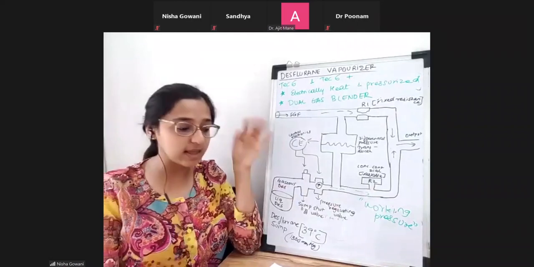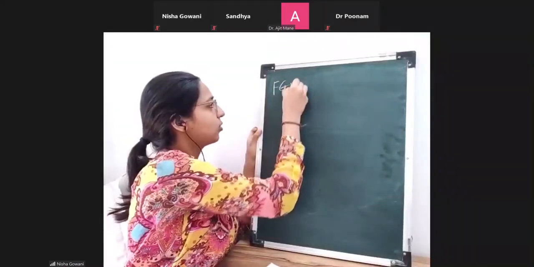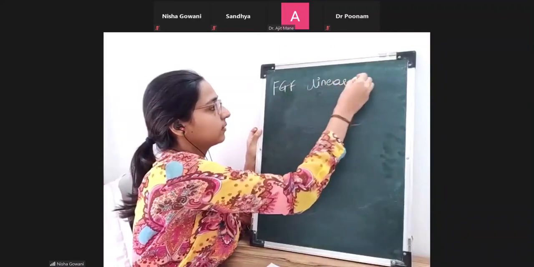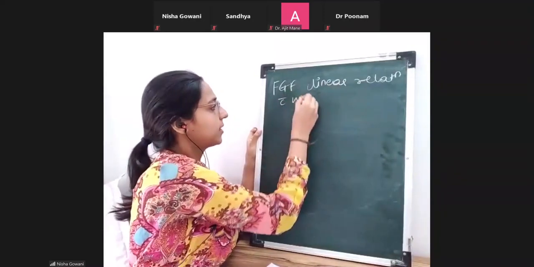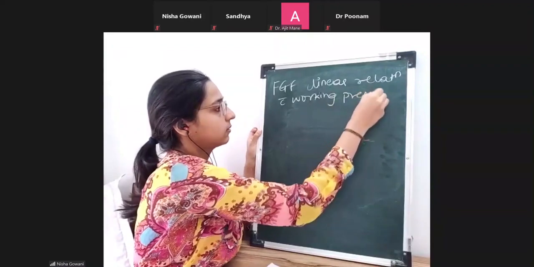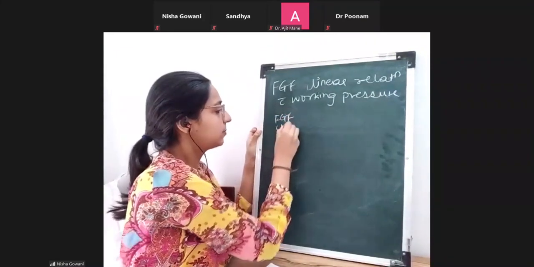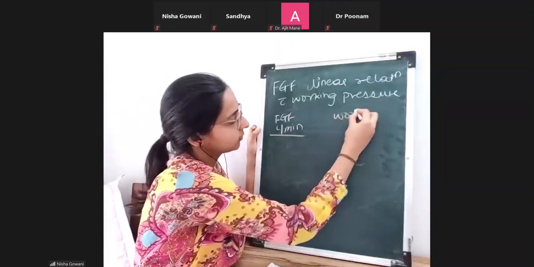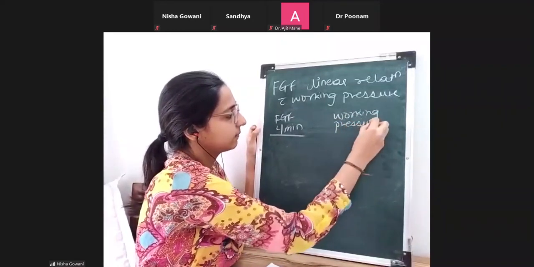So there is a table which I will just explain. I told you the fresh gas flow has a linear relationship with the working pressure. So let's understand the fresh gas flow, which is in liters per minute, and what the working pressure is. This table is from Miller's only.